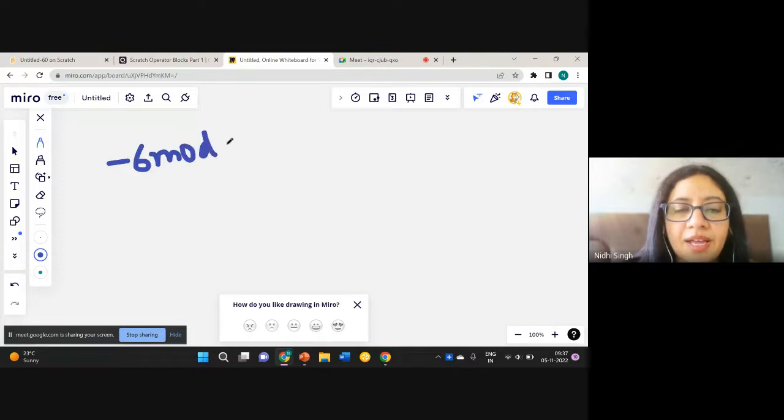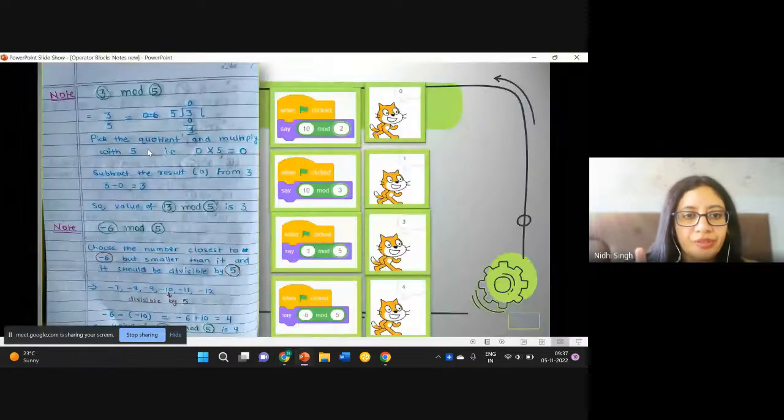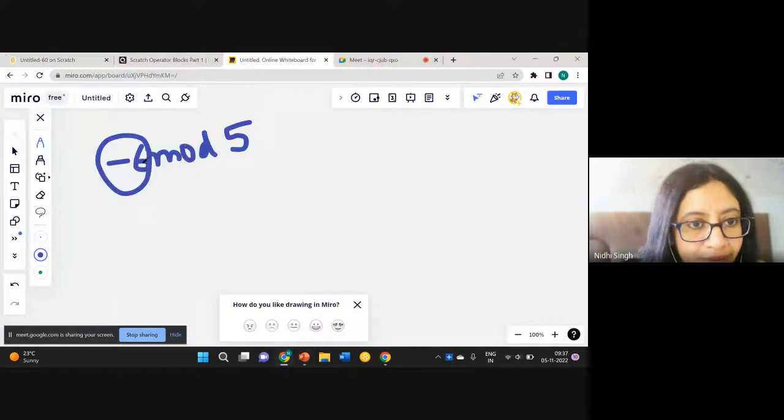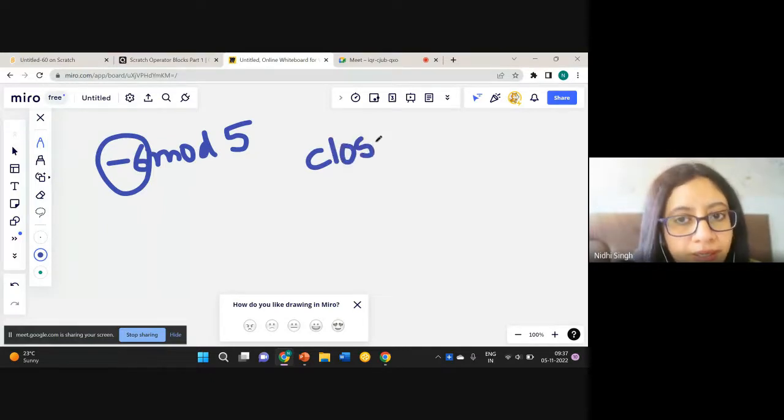What we will be doing is picking a number, and there are a few things we will check. First, you need to choose the number closest to minus 6, and it should be smaller than minus 6.